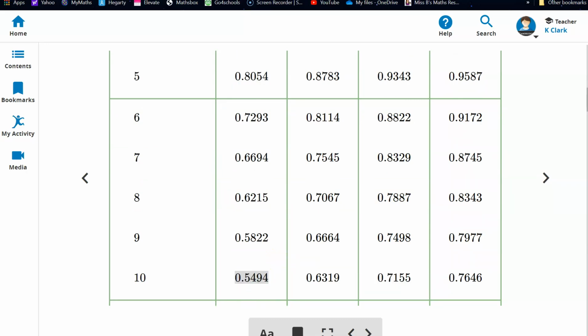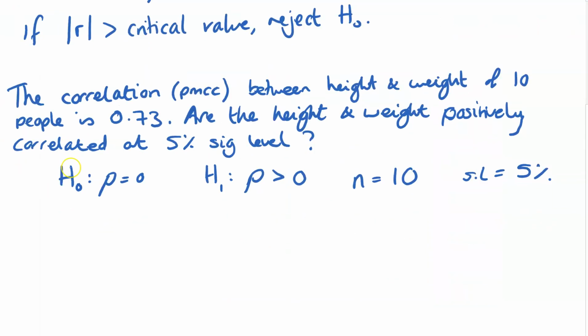5494 it says under there. So the critical value from the table we've said is 0.5494.